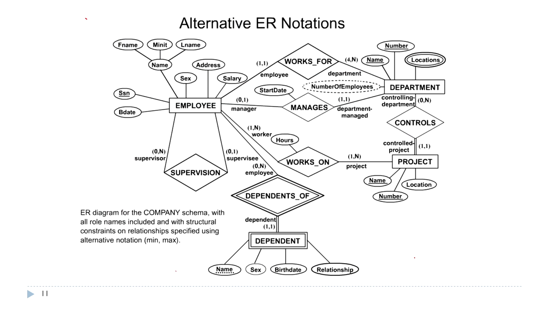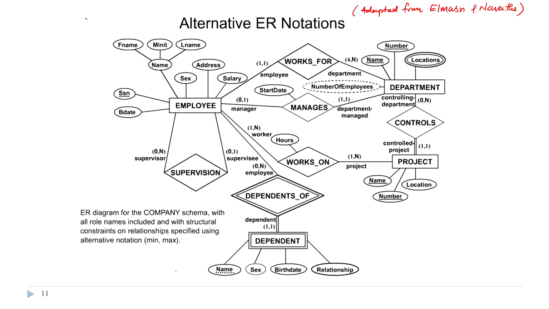So, let us look at this example of the company database, the ER diagram. This is adapted from Elmasri and Navathe. I have mentioned in the earlier class also. In this ER diagram we have an employee entity, a department entity, a project entity, and a dependent, which is a weak entity, right.